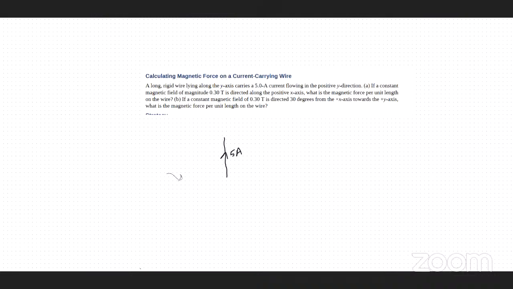Magnetic field is along the x-axis, and it is a constant uniform magnetic field. So the magnetic field is like this. Per unit length, meaning length is 1 meter, divide force by length. But first write the direction of.